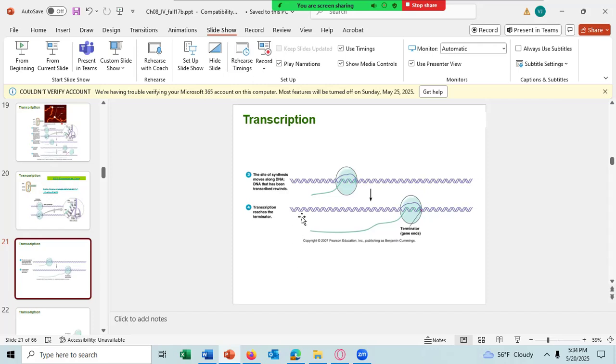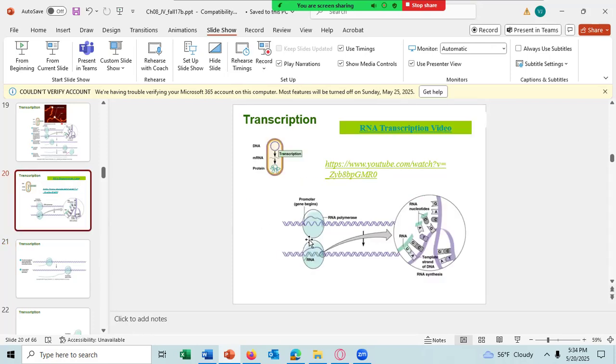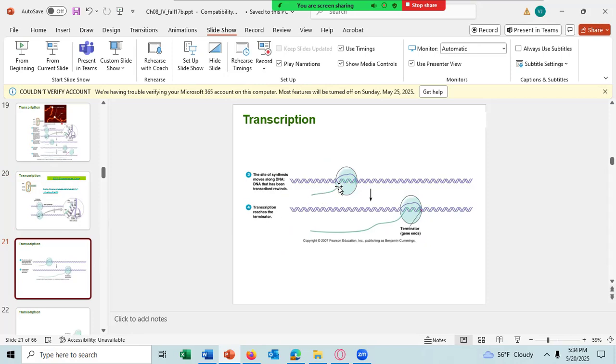So transcription begins when the RNA polymerase binds to the promoter region of DNA. I don't see that on here. Oh, right there it is. So RNA polymerase will bind to the promoter. The helicase will then open up the double-strand DNA, and it's trying to show you this. Let me blow this up a little.